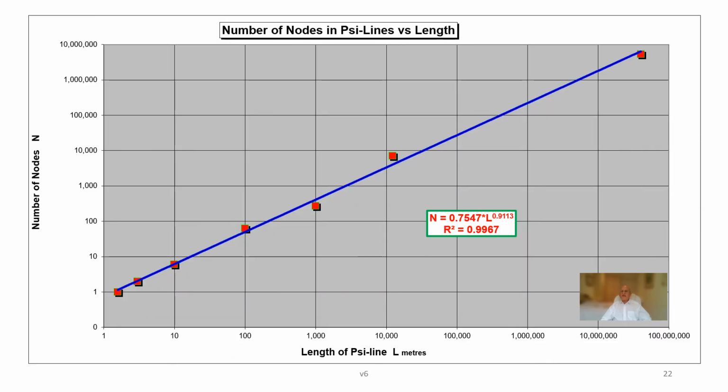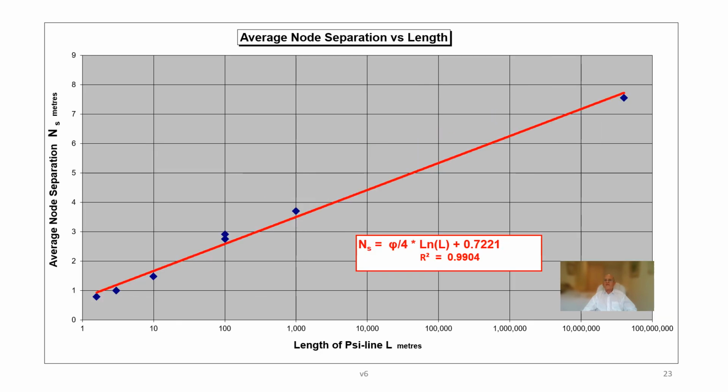This graph illustrates the connection between psi line length and its nodes. This graph shows the connection between node separation distances and psi line length.